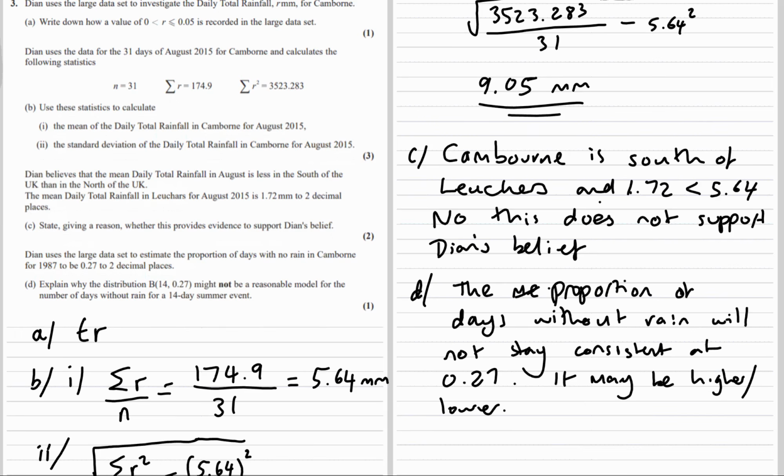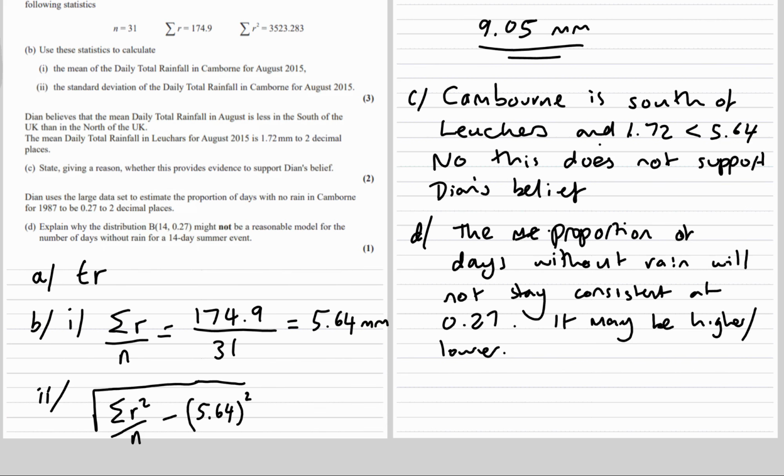And then the alternative answer would have been to say the chance of rain each day of the event will not be independent.